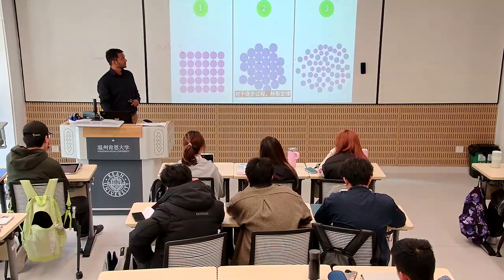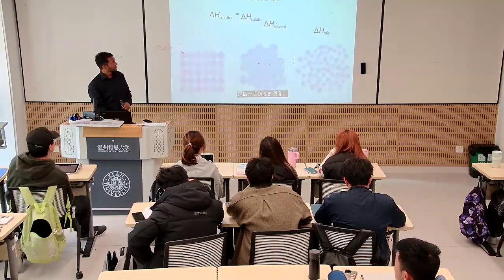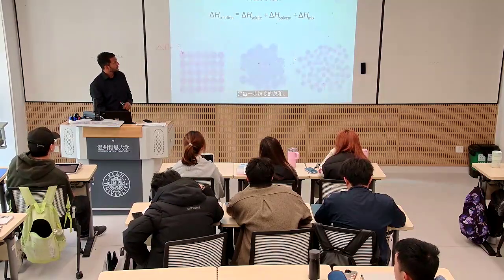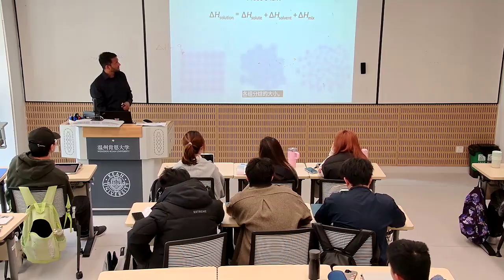For a stepwise process, Hess's law states that the net enthalpy change is the sum of the enthalpy changes in each step. The sign of the net enthalpy depends on the magnitudes of the enthalpies of the components.